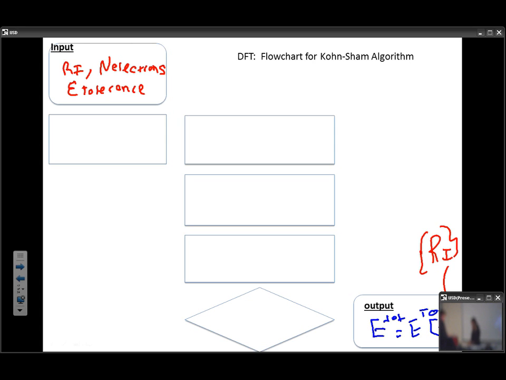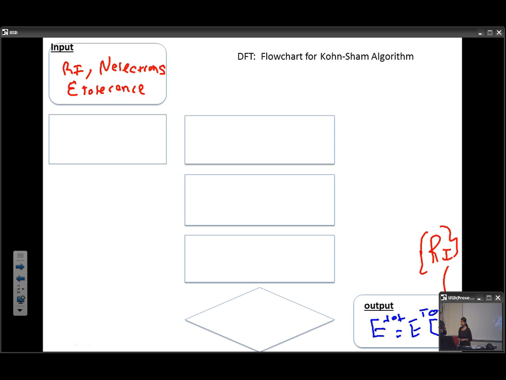So box number 2. Before we start the cycle, our first formula for total energy and for potential depend on some density. But here at the beginning, we do not have any density. So we need to get it somewhere.